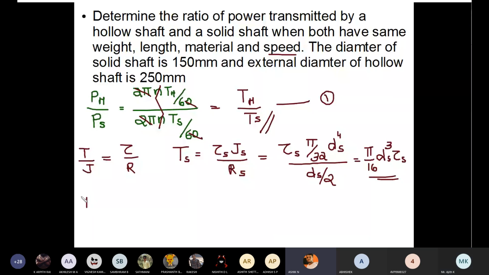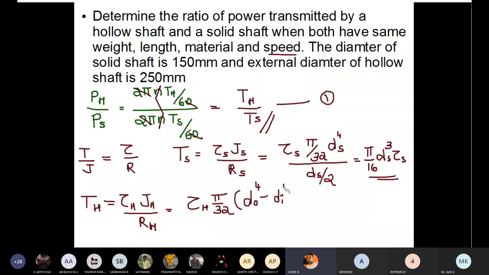Similarly, calculate what T for the hollow shaft is. The equation will be tau for the hollow shaft, J for the hollow shaft divided by the radius of the hollow shaft. Substitute. So Jh is given by pi by 32 into d naught to the power 4 minus di to the power 4, divided by RH, which is the outer diameter divided by 2.